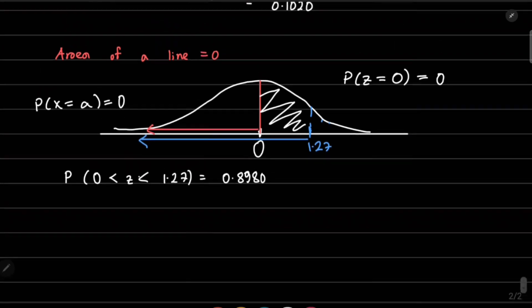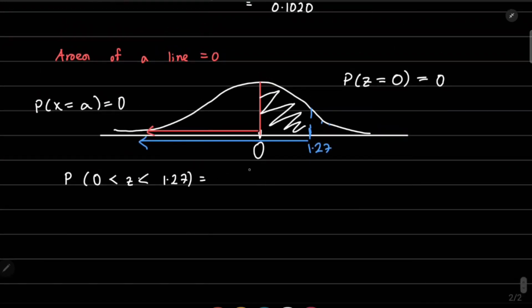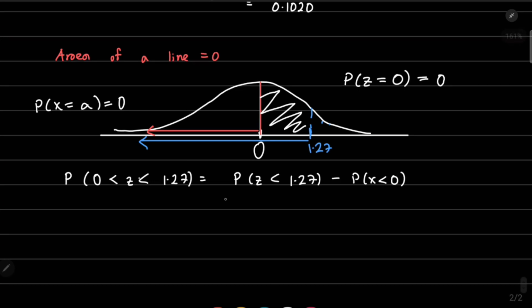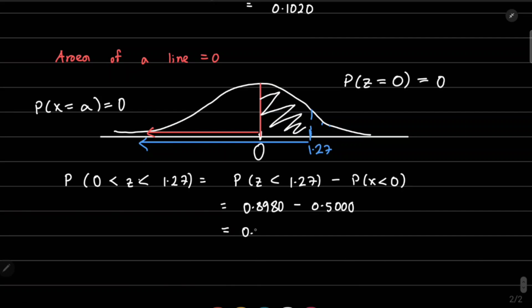So from here we have probability of z less than 1.27 minus probability of x less than 0. We get 0.8980 minus 0.5000. So the white area over here is 0.3980.